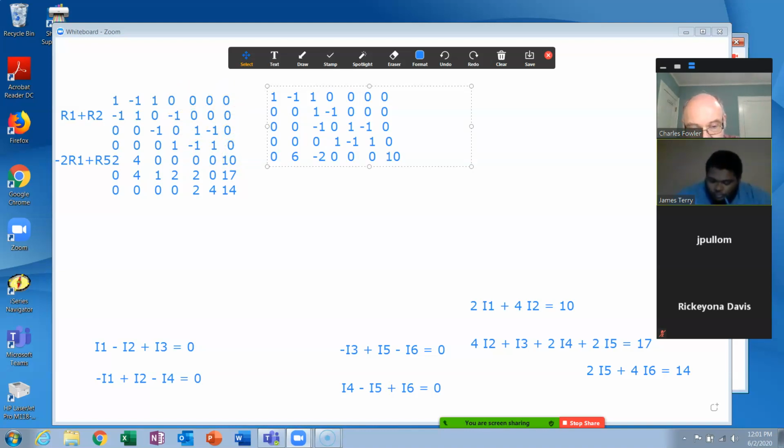Okay, maybe I should take out that space there. Okay, there is row 5. Row 6 and row 7 are just like we want them. You got zeros below it, so we're going to do it.